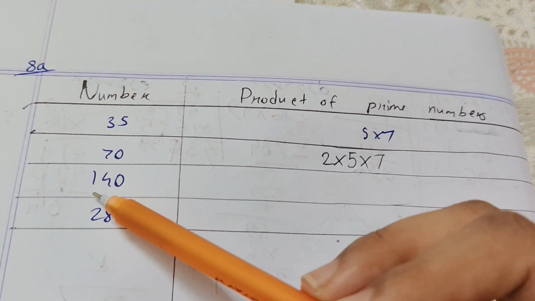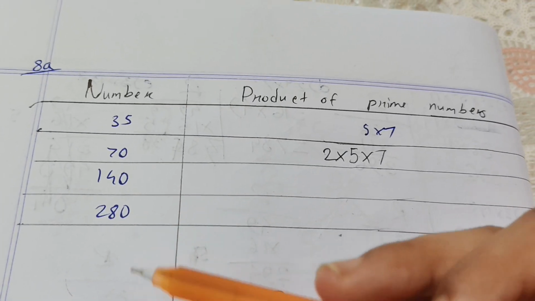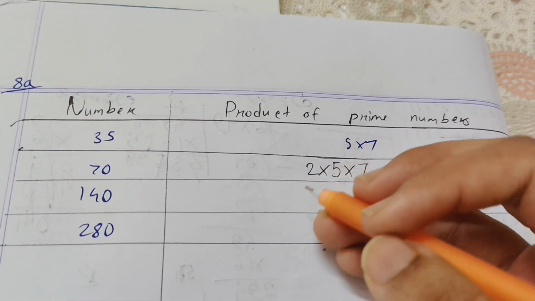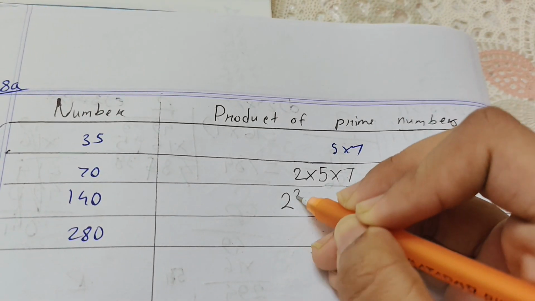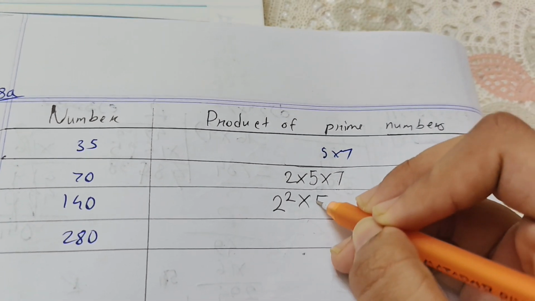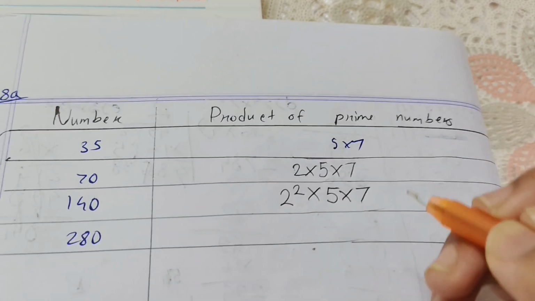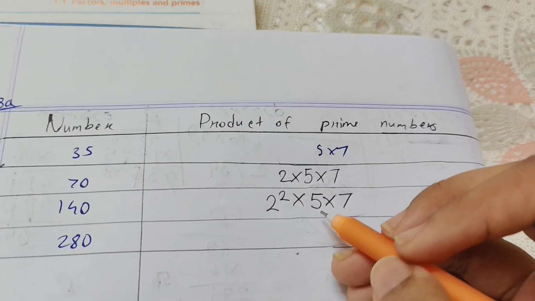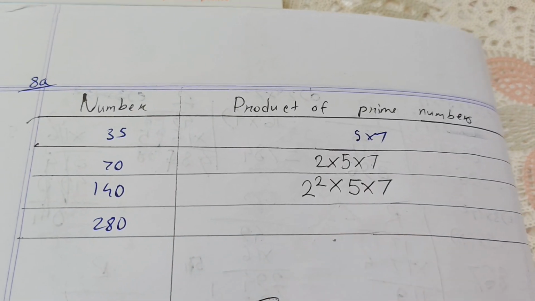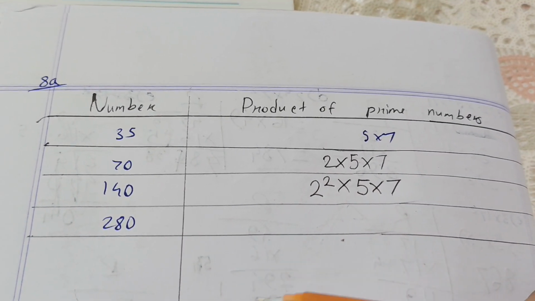70 is the half of 140. So we add another 2, multiply another 2. It gives us 2 squared because 2 times 2 is equal to 2 squared. 2 squared multiplied by 5 multiplied by 7. 140 is the half of 280.